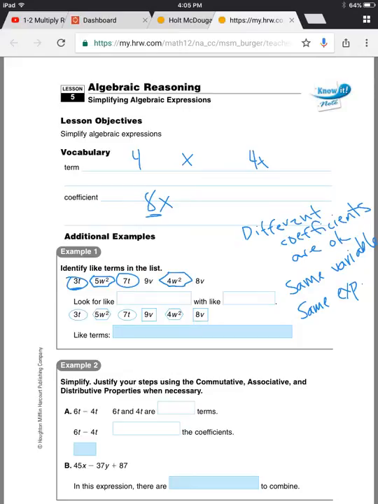Alright, and then 9v and 8v are like terms because different coefficients are okay. They have the same variable, they have the same exponent. So we are looking for like variables with like exponents.